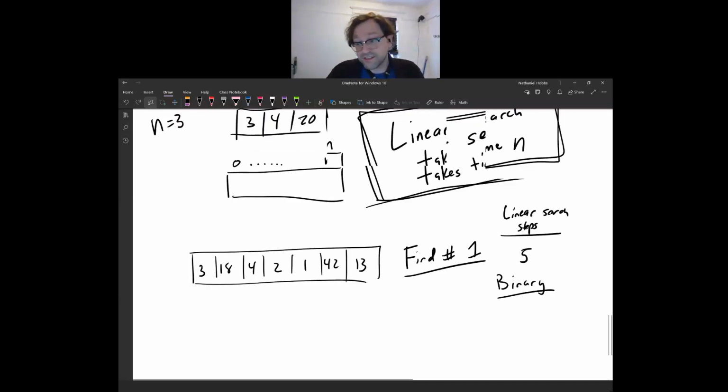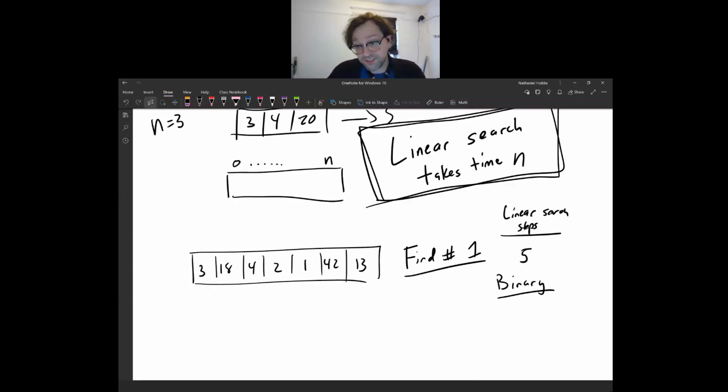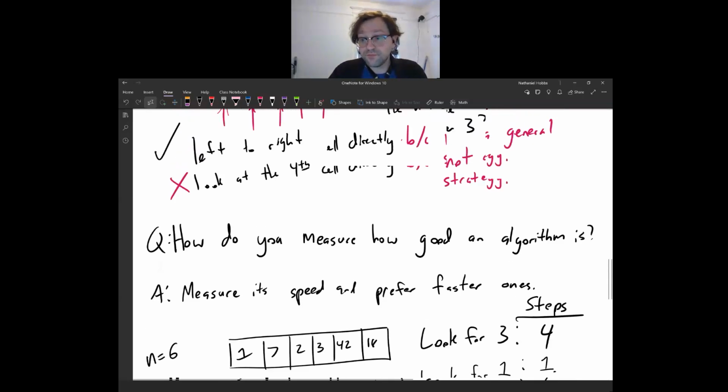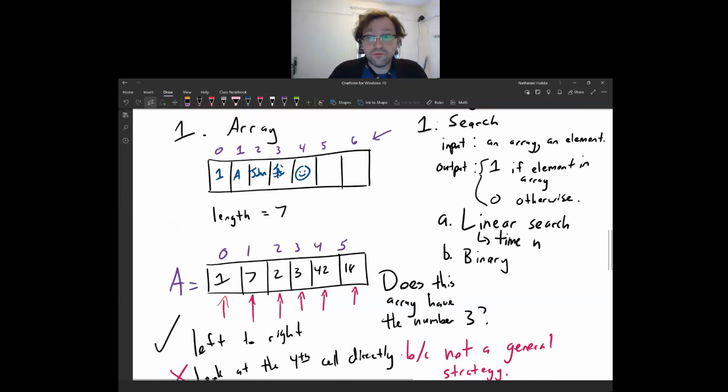Very quickly, when I was asking about other ideas that people had for searching, somebody said binary first, and then somebody else said reverse. A reverse search is also a linear search. It's just going, instead of from left to right, from right to left.